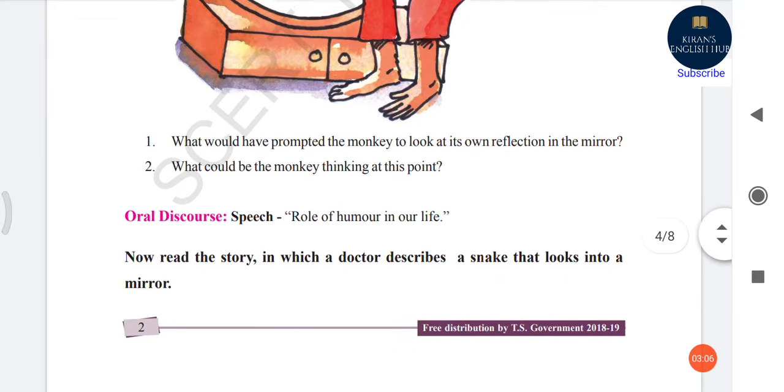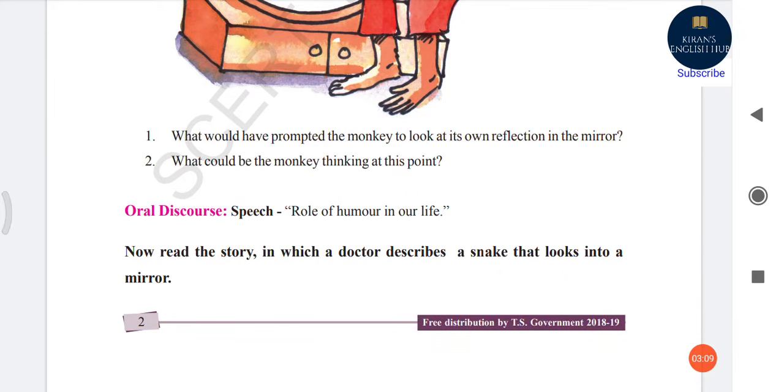Next, we have the blog letters. We have a sentence there: now read the story in which a doctor describes a snake that looks into a mirror. Now we have a very interesting story, a story of humor, in which a doctor describes a snake that looks into a mirror.